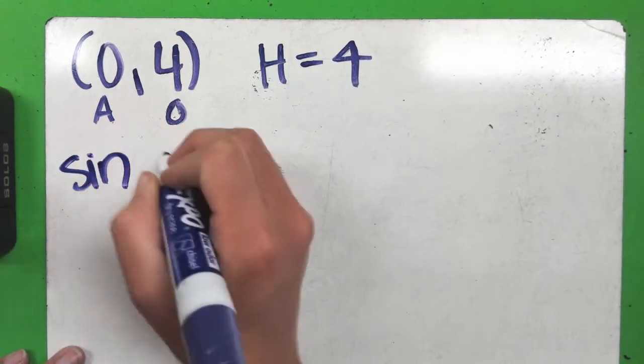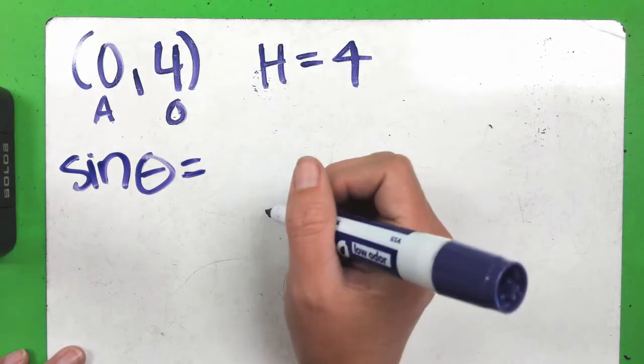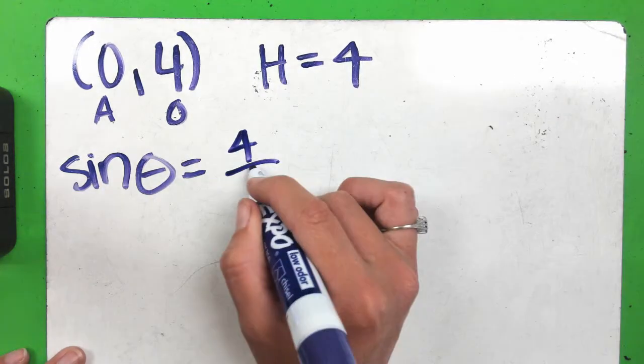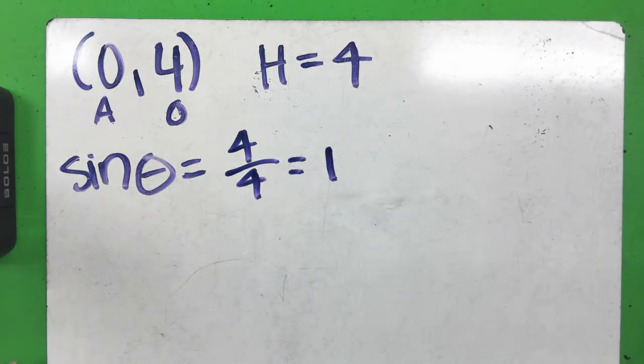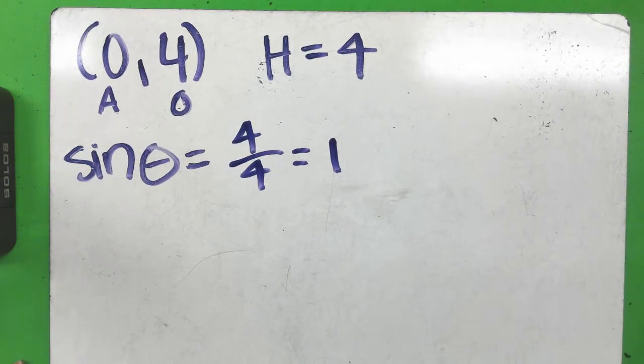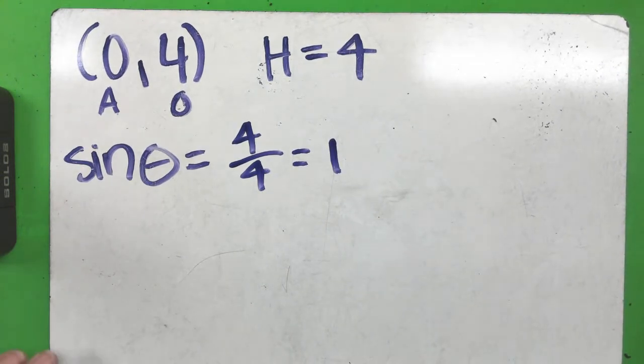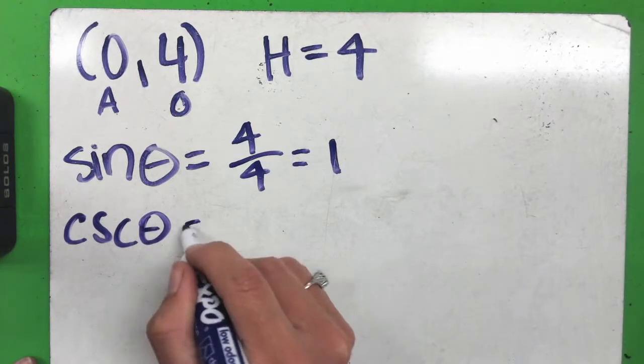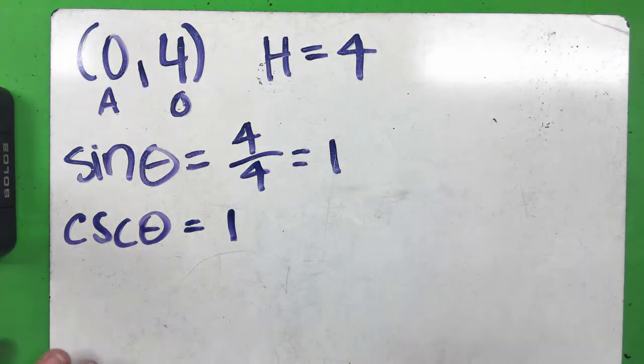Sine would be what? What is sine? Opposite over hypotenuse, so 4 over 4, which is 1. Alright, and then sine's boyfriend is cosecant, and it would be just 1, because it doesn't matter if you flip them, you'll get the same thing.